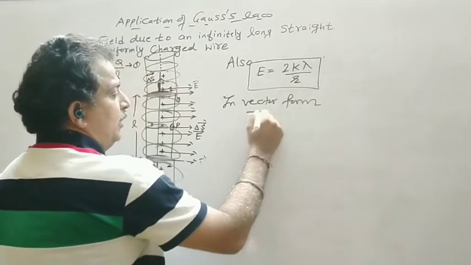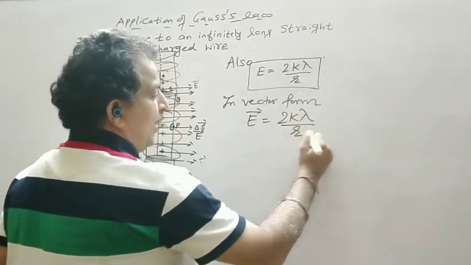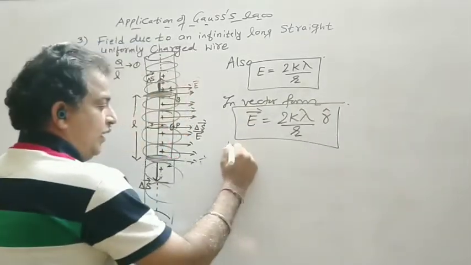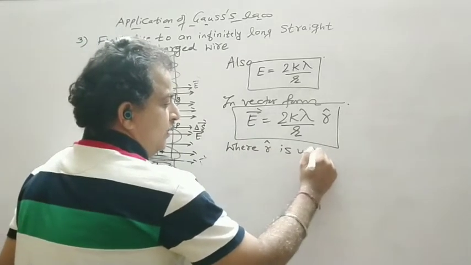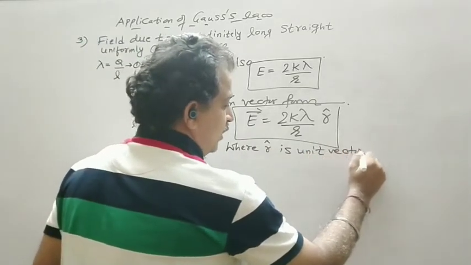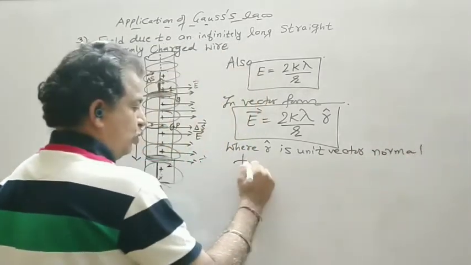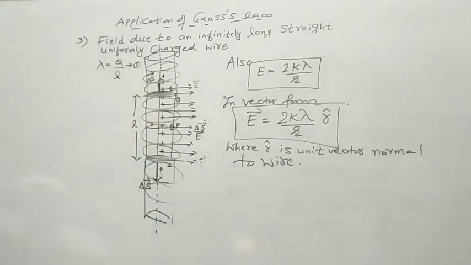E vector is equal to 2K lambda upon R R cap, where R cap is the unit vector normal to the wire. So this is in the vector form.